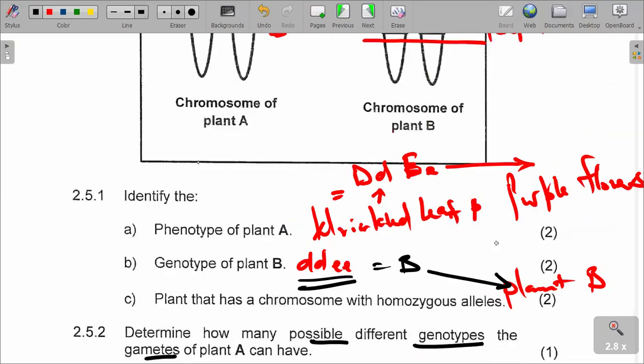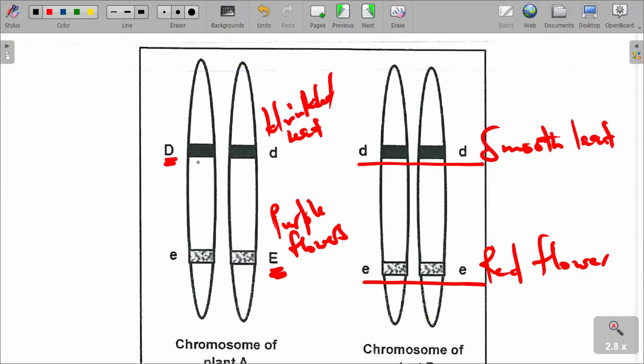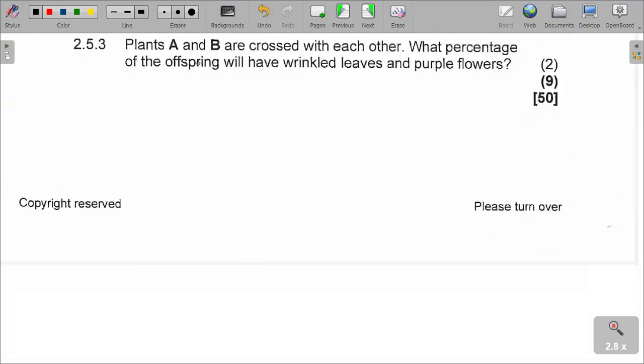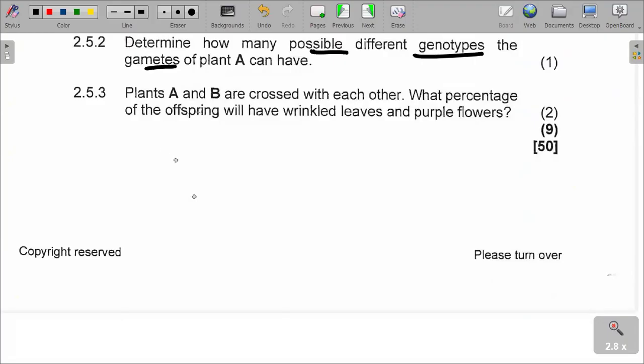So what we are given is that plant A is heterozygous. So we have plant A equals, we are saying it is Dd and Ee. So, determine how many possible different genotypes the gametes of plant A can have.